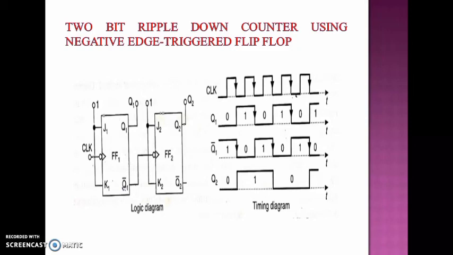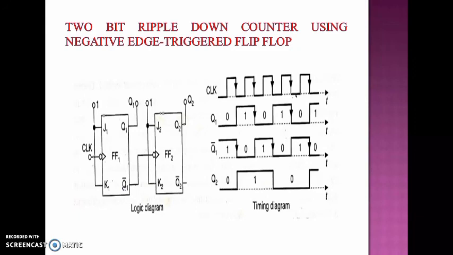When we apply the third clock pulse, Q1 changes from 0 to 1 and Q1 bar changes from 1 to 0. This negative going signal at Q1 bar toggles flip-flop 2. So Q2 changes from 1 to 0. That means the state is 0 1.